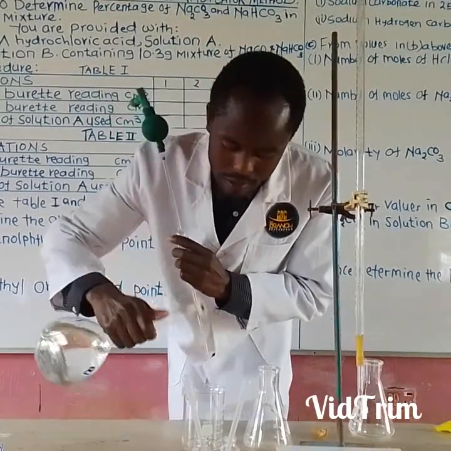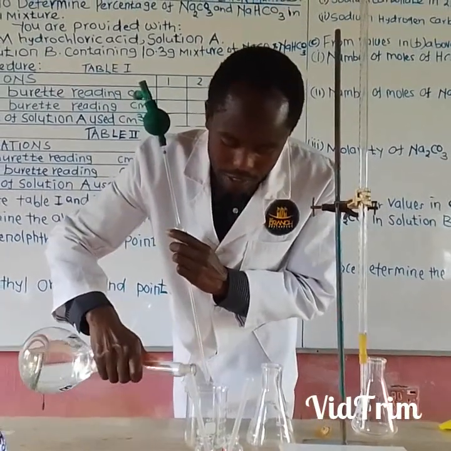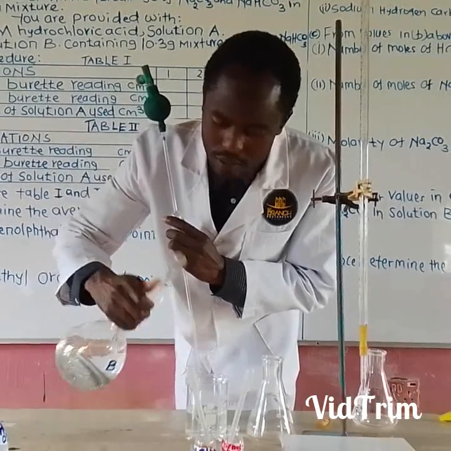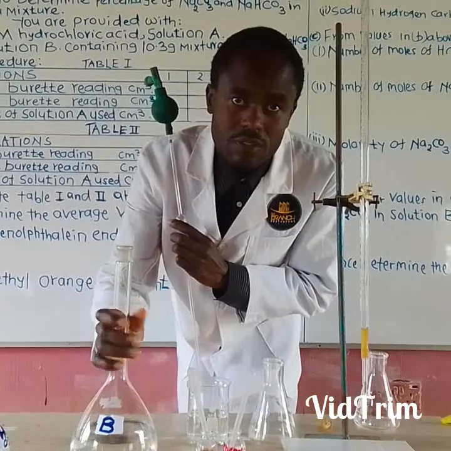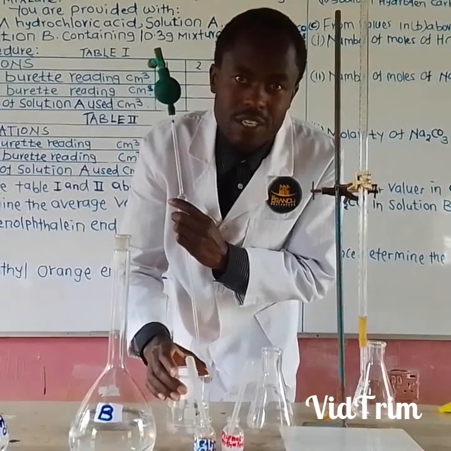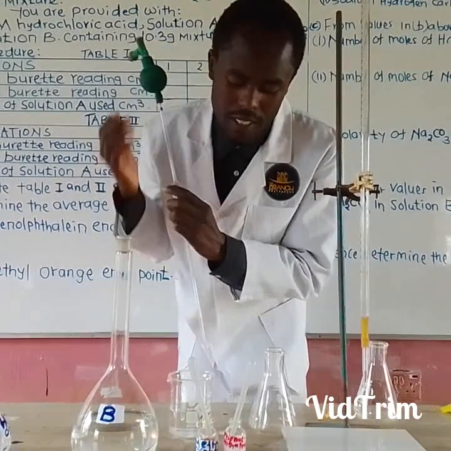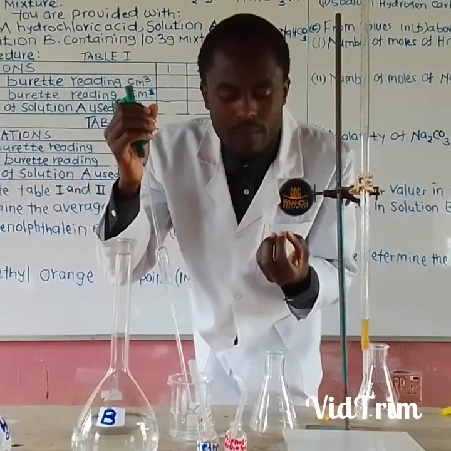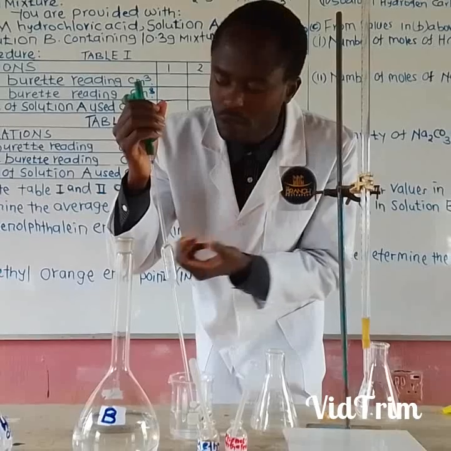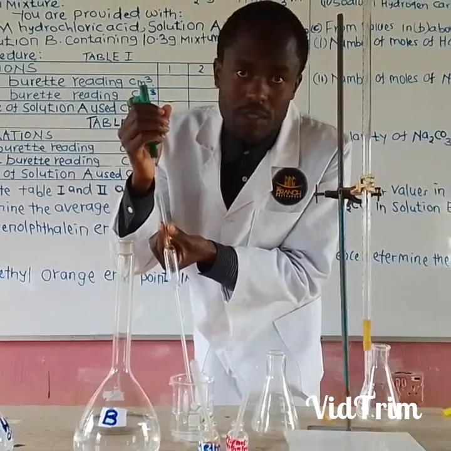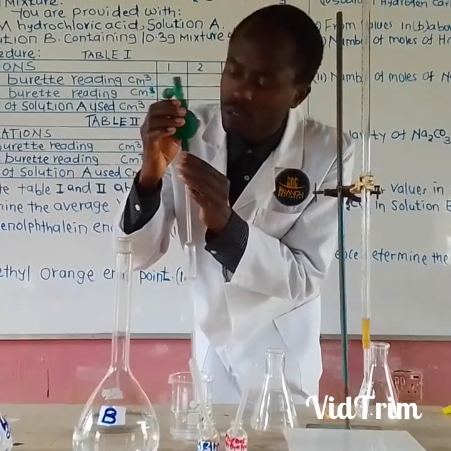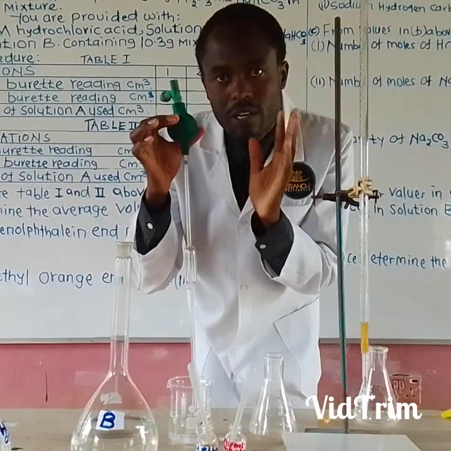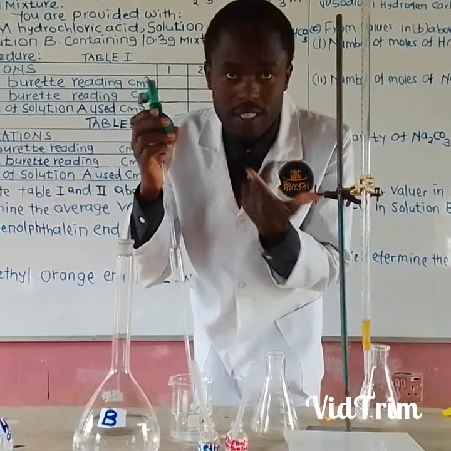So I have to transfer solution B, which is a mixture of sodium carbonate and sodium hydrogen carbonate. Then I pipette. And remember, nowadays we don't use our mouths to suck the chemicals into the pipette. We use what we call a pipette filler. It is for health reasons. Is it okay? Let us go.